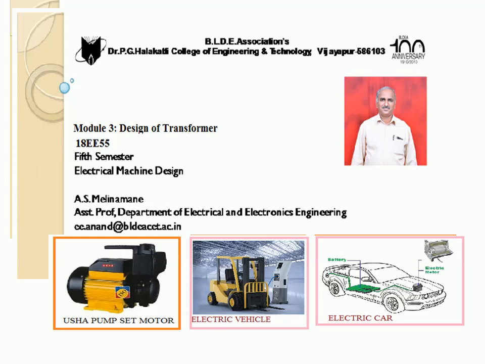The primary winding is wound on one limb, the secondary winding is wound on the second limb. Both windings are separated. There is no connection between the primary winding and the secondary winding. When the primary current flows through the primary winding, it creates an alternating flux. This alternating flux developed in the core links to both windings.